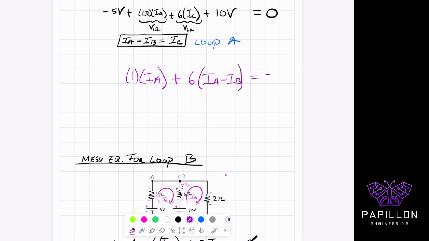I move it to the right hand side. It should give me back minus 5 volts, right? So now I have here a hopefully abbreviated problem. I'm going to distribute this out to simplify it a little bit more. So we have a 6IA and a 1 IA, so it's going to make a 7IA minus 6 IB equals minus 5 volts.